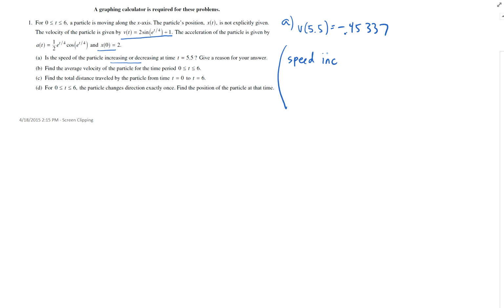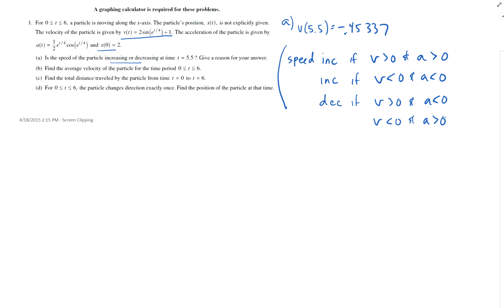Speed is increasing if velocity is positive and acceleration is positive, and it's also increasing if the velocity is negative and the acceleration is negative. So if they both agree, speed's increasing. It's decreasing if the velocity is positive and the acceleration is negative, or if the velocity is negative and the acceleration is positive.